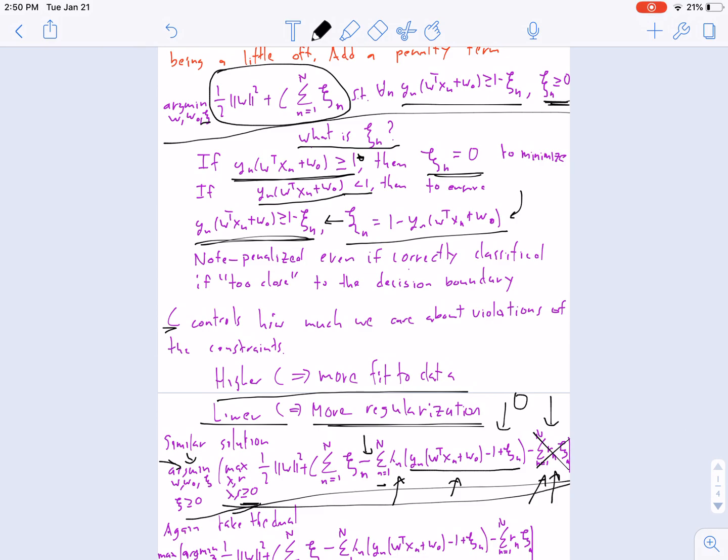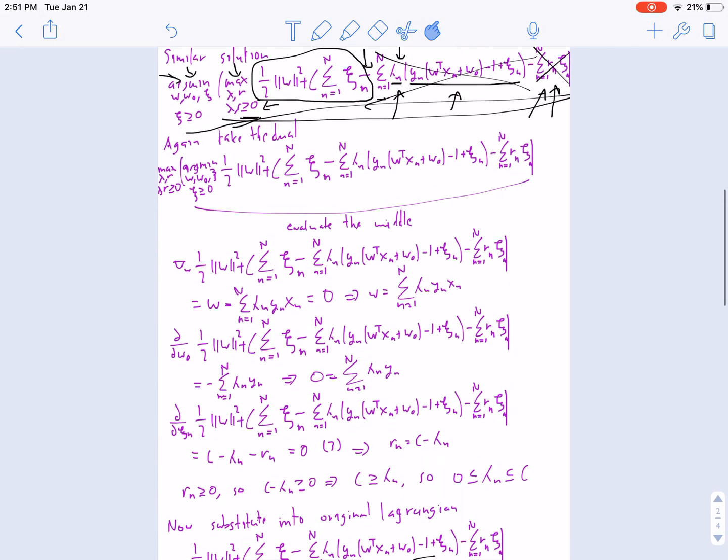And so since we're maximizing over lambda, then lambda n, since it also has to be greater than or equal to 0, will need to be set to 0 in order to get that maximum. So this term will also disappear. So we will just get the actual true objective function when we use w naught and the slack term that do satisfy the constraints. So we see that these are the exact same thing.